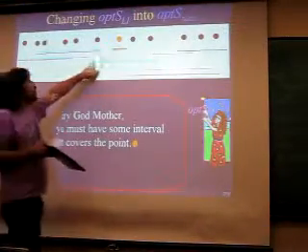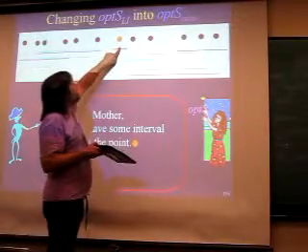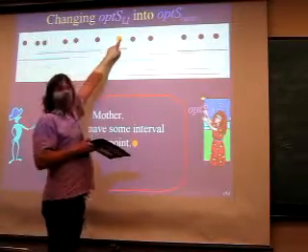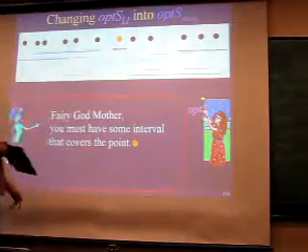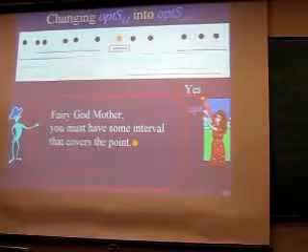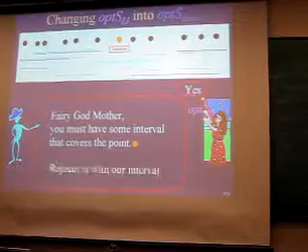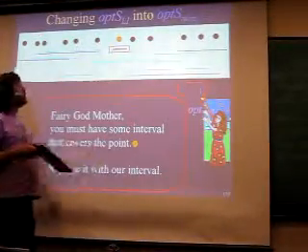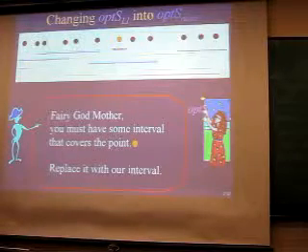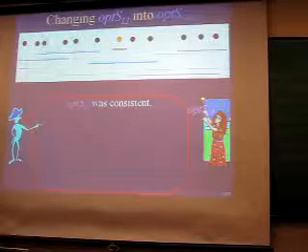So we know that she has some interval that covers this point, right? So we say, fairy godmother, you cover that point somehow. In fact, she says yes, but she doesn't actually talk. We tell her to replace that interval with this interval, right? Good.